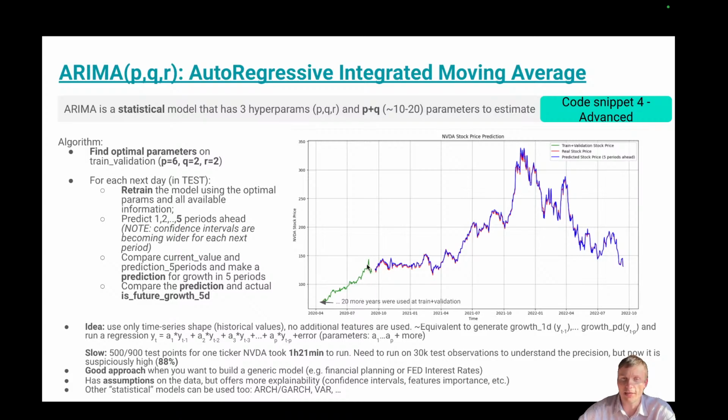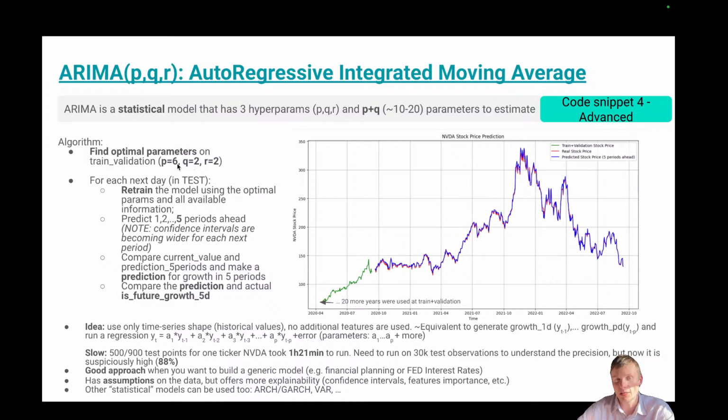So we have a train plus validation data set for 20 years, and this is the green line. I just truncated it, and then at some point we found the best combination, or best hyperparameters, for this model: P, Q, and R.